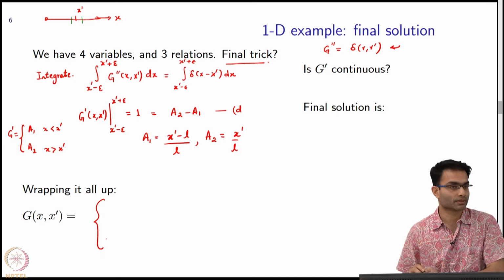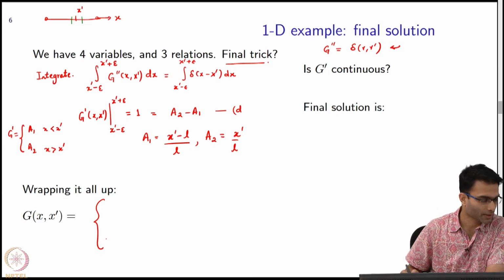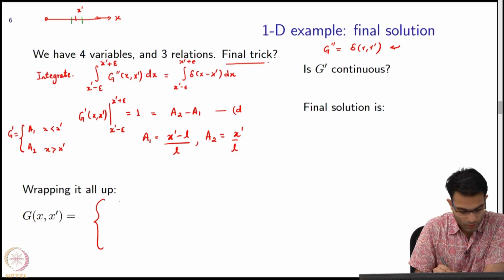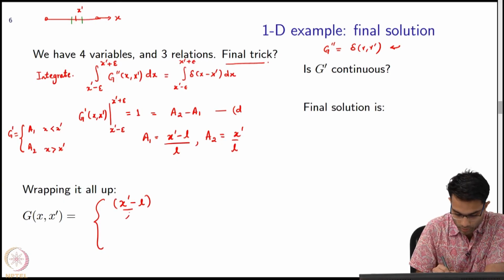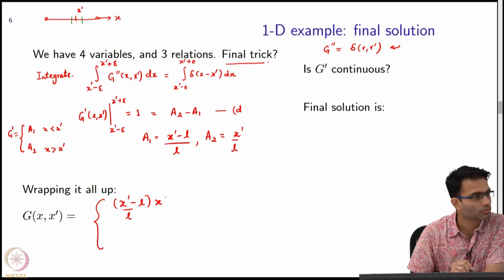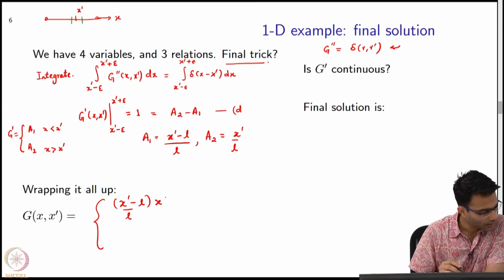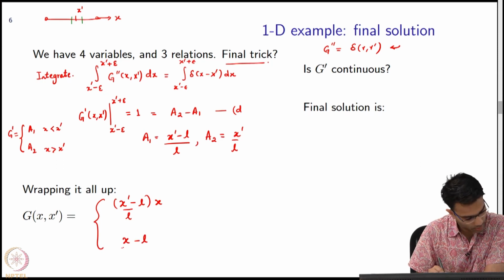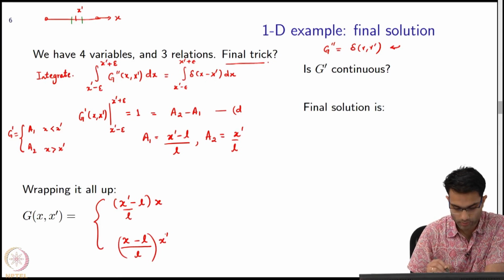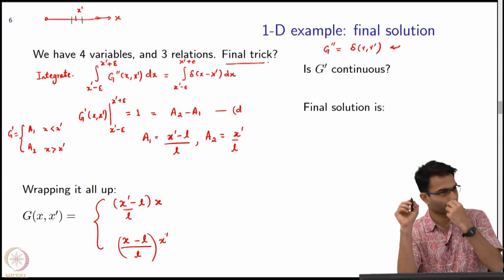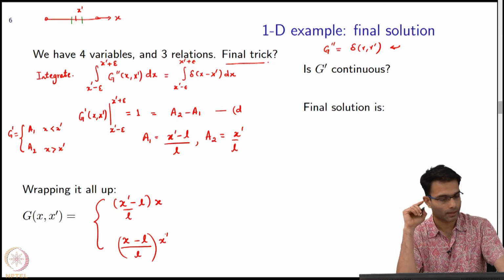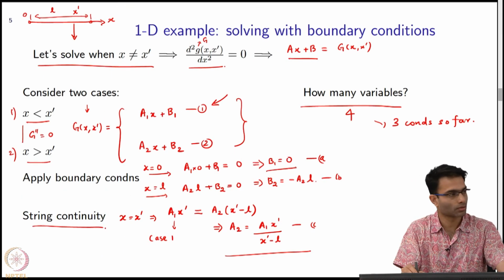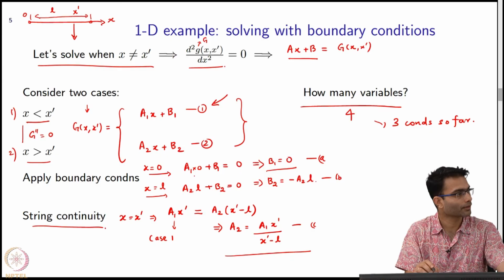So, the final solution that I get over here, I can write it again. I will need 2 cases, right, for x less than x prime and x greater than x prime. So, in the first case, this will become A1 times x, that is my A1 followed by x, and the next one is going to give me x minus L by L, right. Yeah, so B1 was 0, so I only had A1 times x, right.